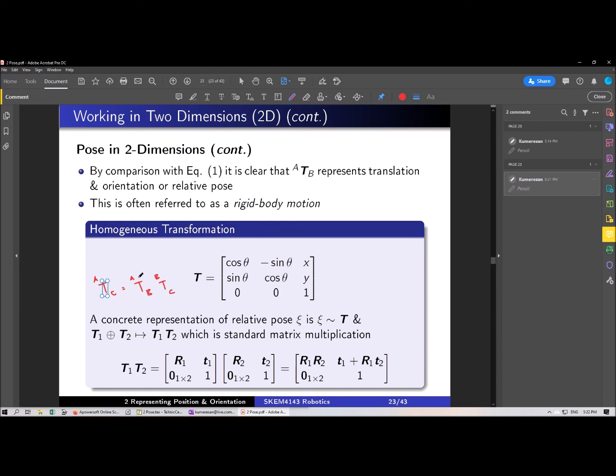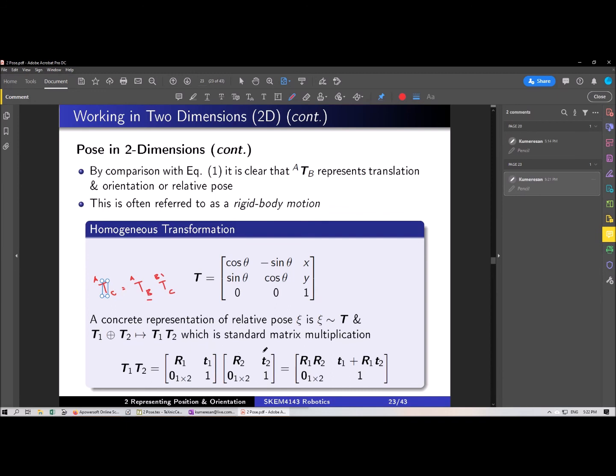TBA multiplied by TCB, you would get TCA. When you multiply or compose 2 poses, just make sure the subscript is equivalent to the leading superscript, which is a standard matrix multiplication.